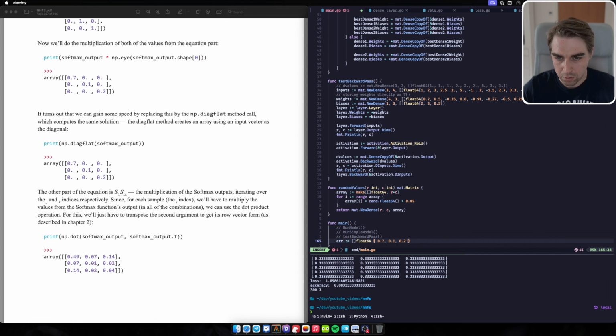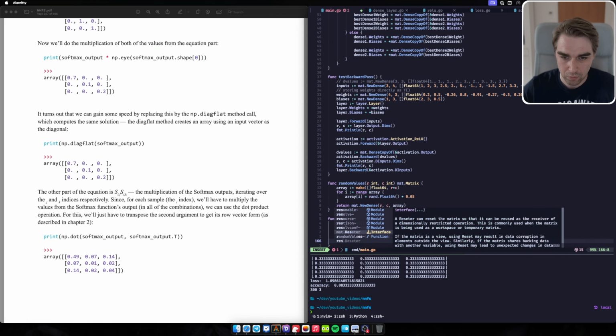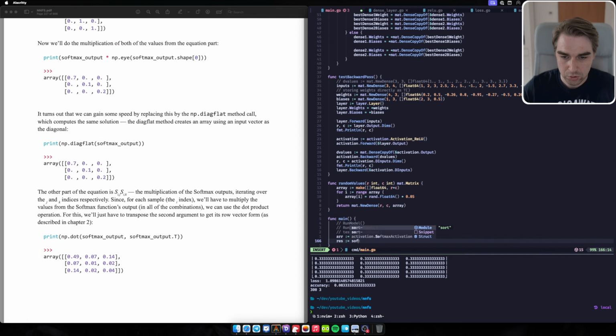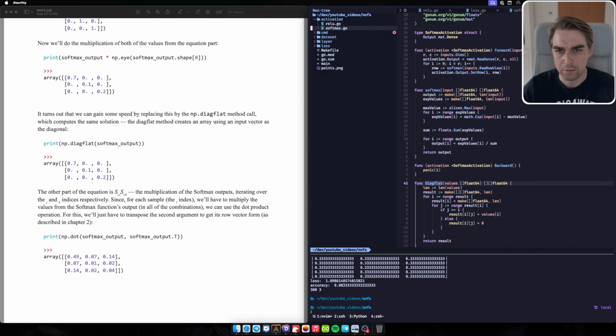Okay, that's good. Then we take the result, which is softmax. No, I think it's a loss. Wait, where is it? Jack flag.